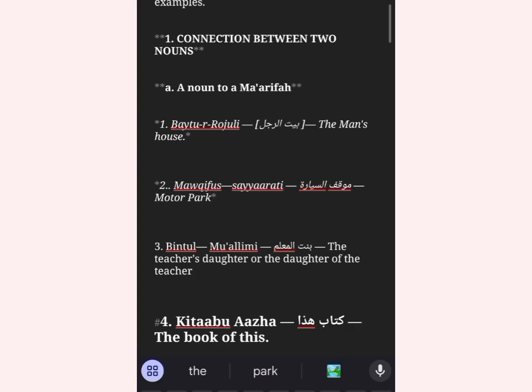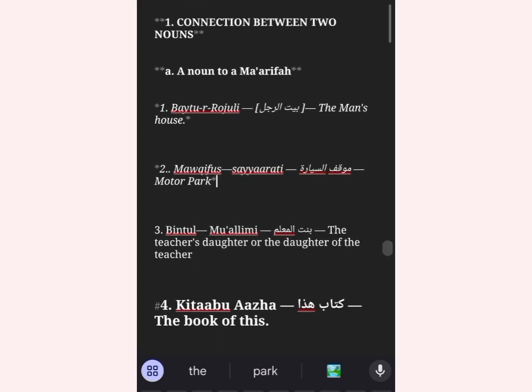So motor park, we have موقف السيارة. موقف is added to سيارة to show a place where cars are parked. موقف ordinarily means a point of standing, a position, a stance, in different manners. So we want to say a place where cars are parked.